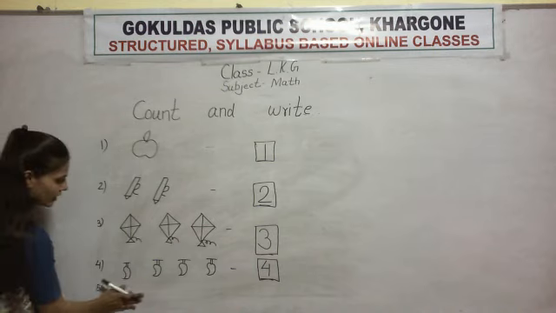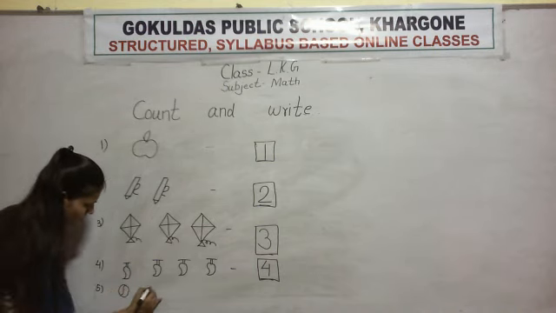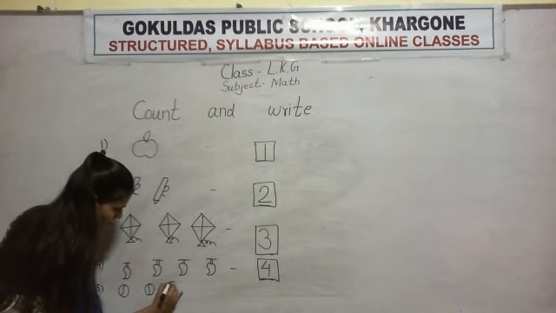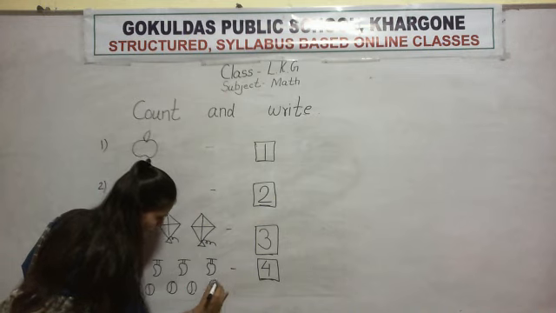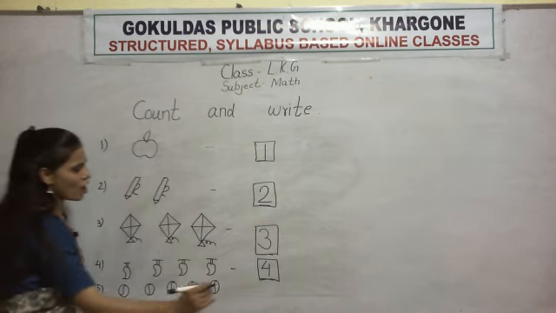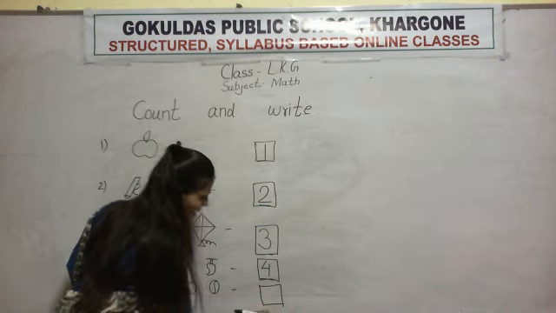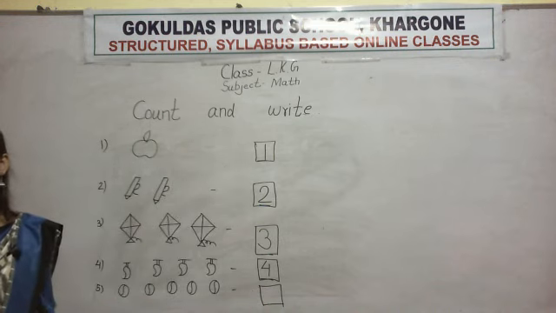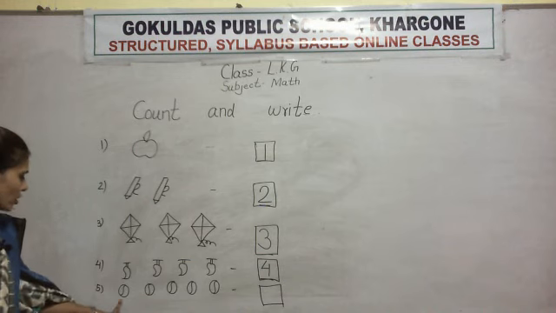Okay, example number 5. Okay, how many balls are there? Count and write. Okay. How many balls are there? Count it. Count with me.